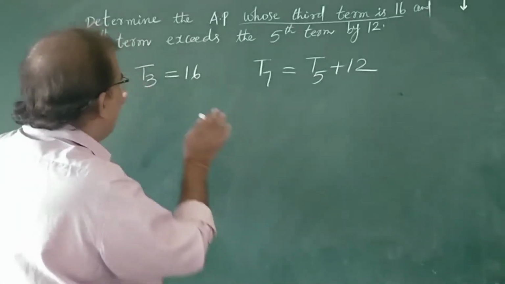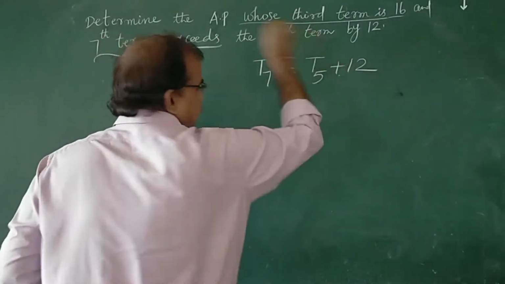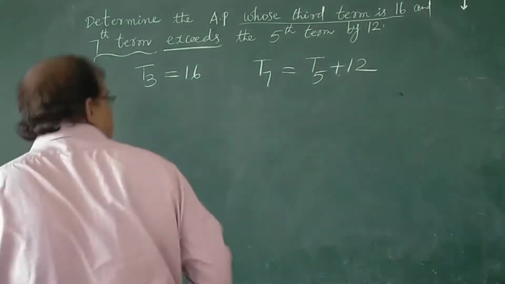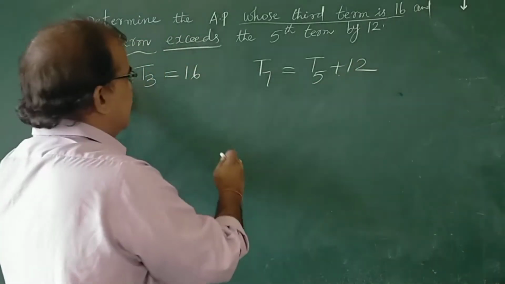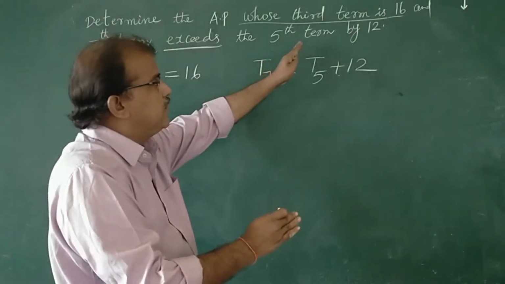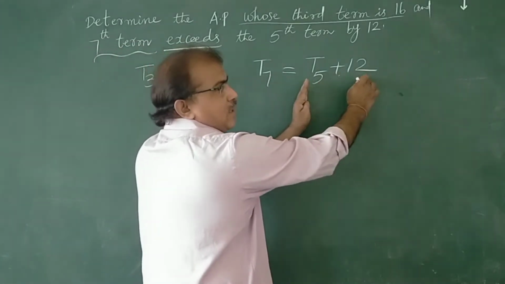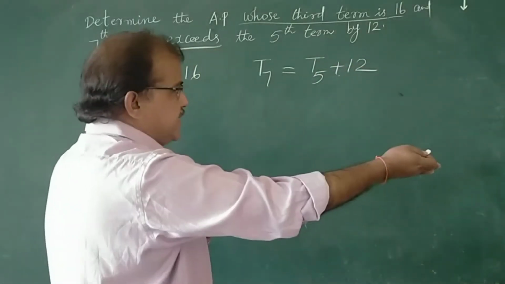That's why, in this small English statement, the seventh term exceeds the fifth term by 12, I kept plus. Exceeds 12, that's why I kept plus.